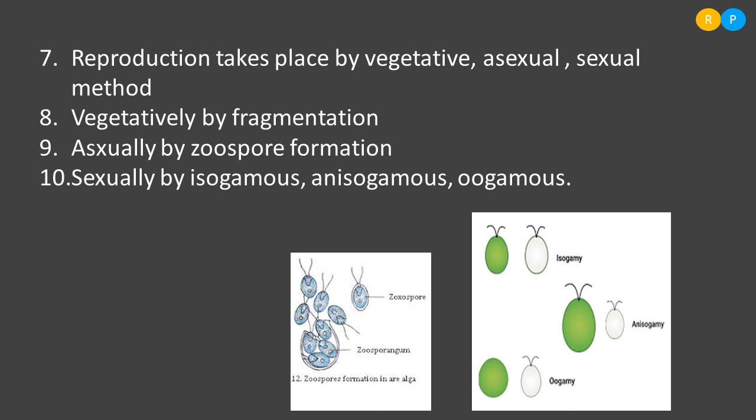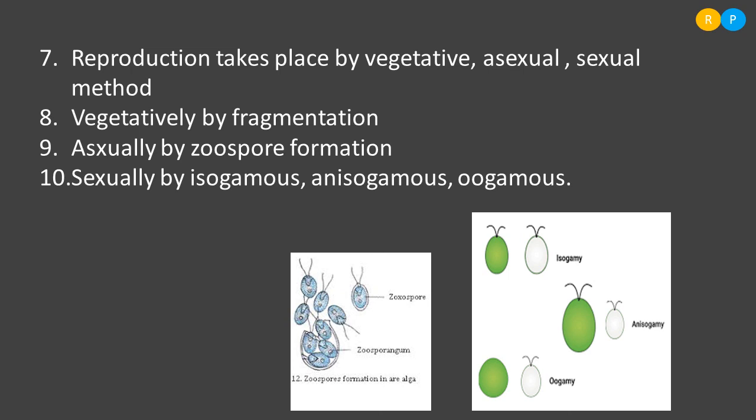Isogamy is nothing but fusion between two similar sized gametes. Anisogamous is fusion between two dissimilar sized gametes. Oogamous is fusion between a bigger female gamete and a smaller motile male gamete. These are the three different types of sexual reproduction.